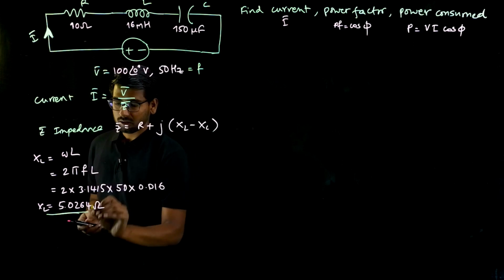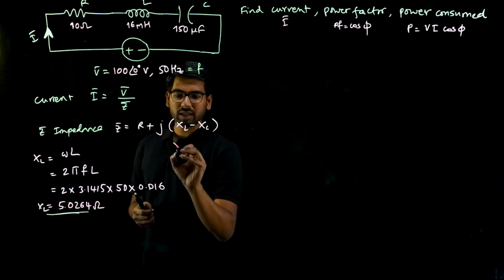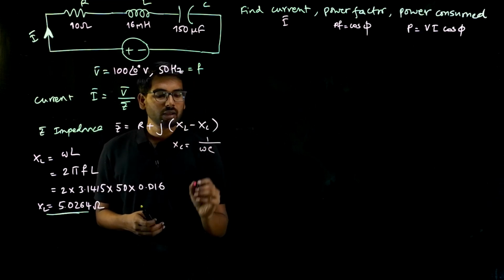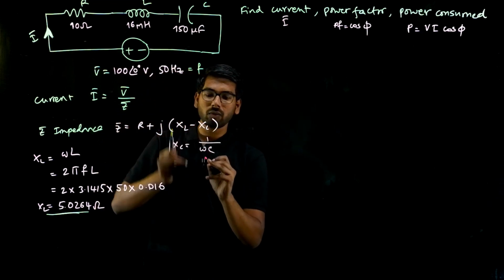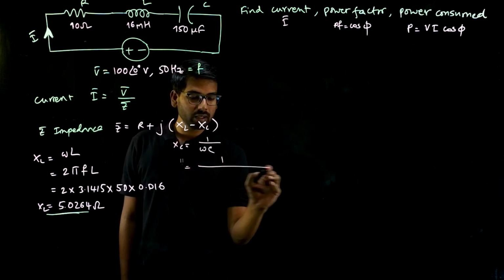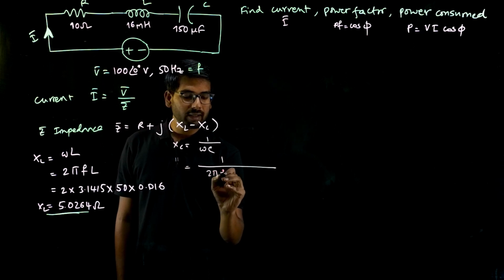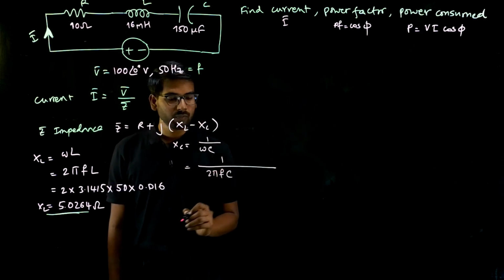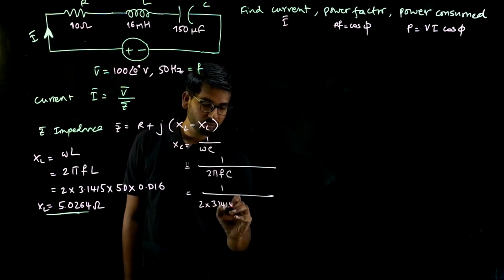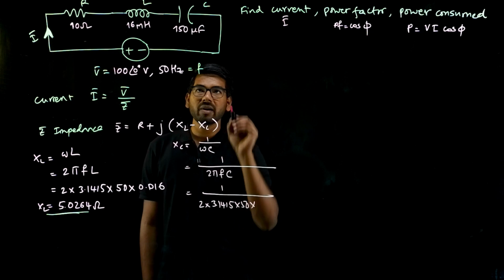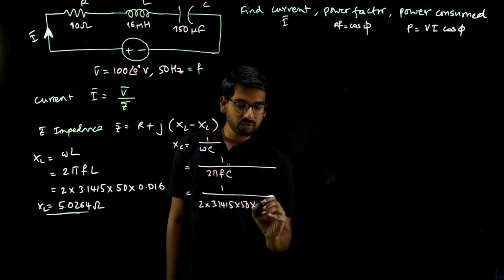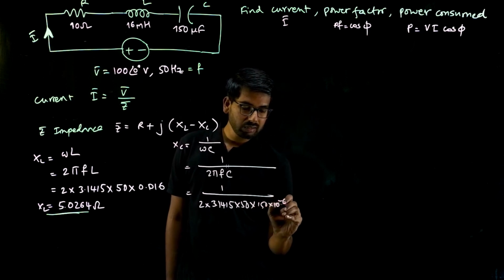Okay, and similarly XC is 1 by omega C. Omega is 2 pi f, so that is 1 by 2 pi f C, which is 1 by 2 into 3.1415 into 50 into capacitance 150 microfarad. 150 micro is 150 into 10 power minus 6.